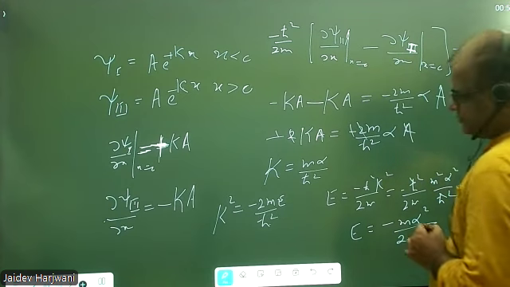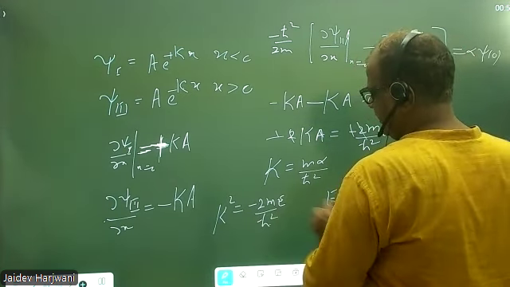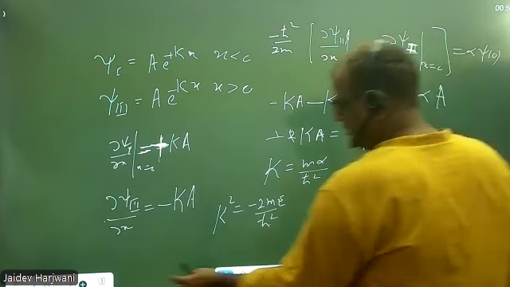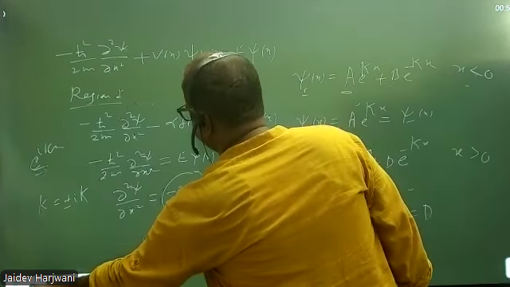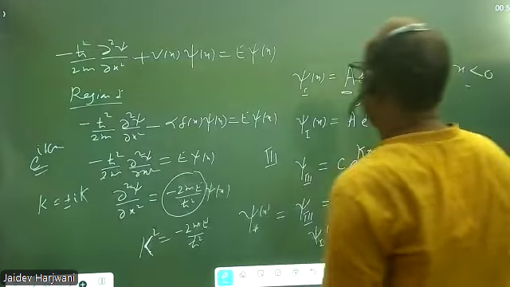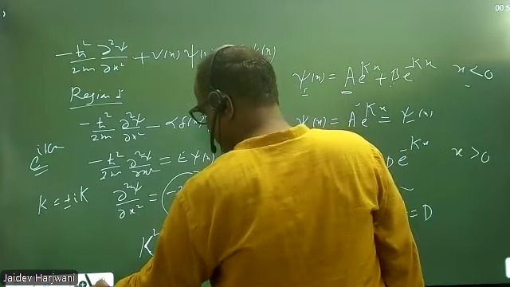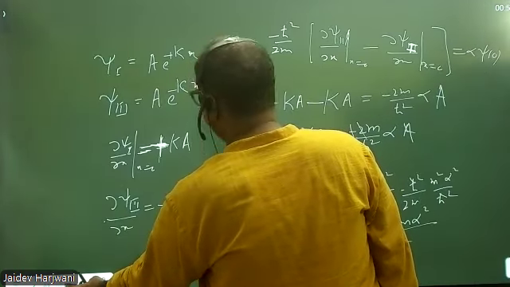So kappa will be kappa square. Let me check it here. How we defined kappa. So here kappa square was minus 2mE upon h cut square.